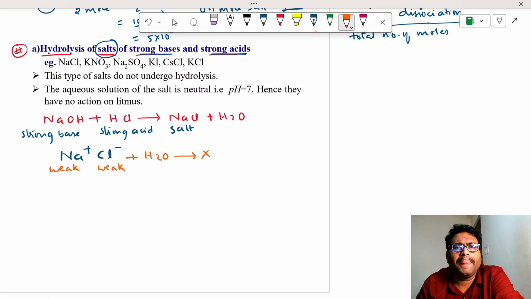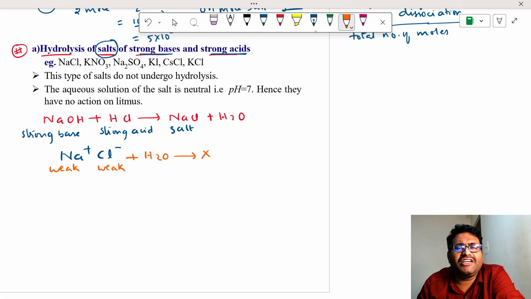And we know that pure water is neutral and its pH is equal to 7. When you dissolve this type of salt, as they don't react with water, there will be no net H+ and OH- release, so the solution will be neutral and its pH will be 7.